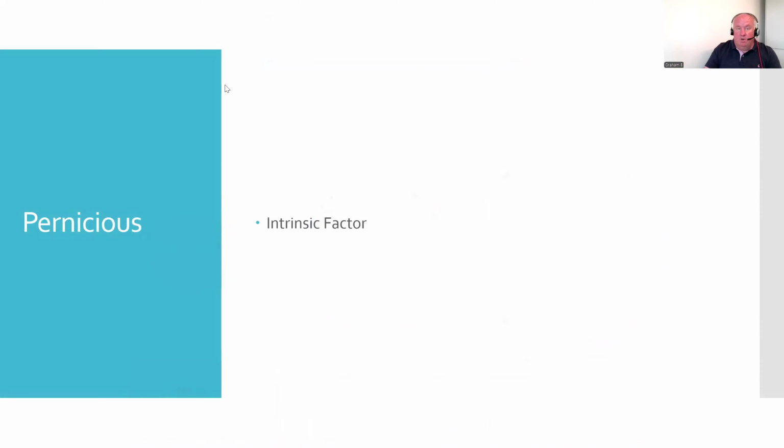Okay, the final part of this is we'll also talk in more detail about pernicious anemia and how we absorb and store vitamin B12. So very briefly, just as a quick 30-second overview, if you eat dietary B12, it's absorbed via a chemical called intrinsic factor.